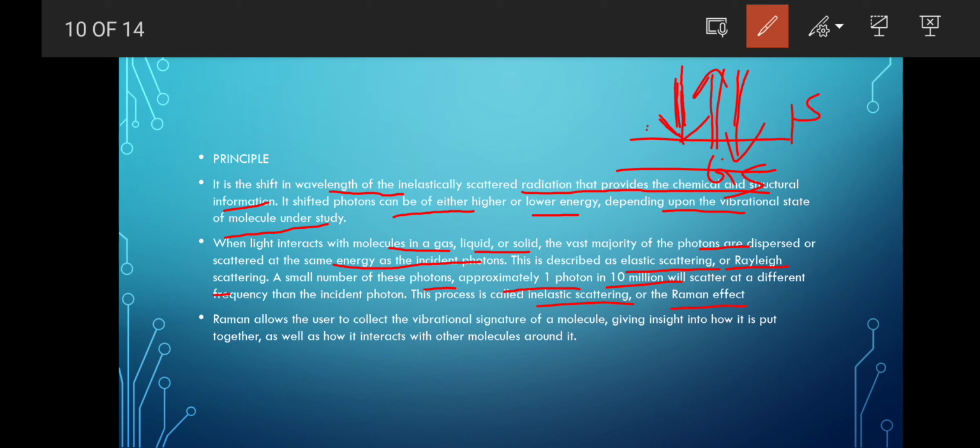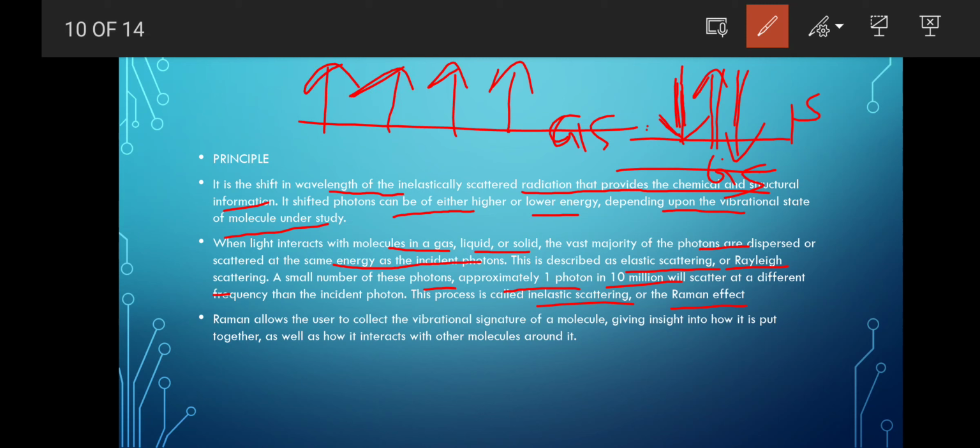Just see here, this is the ground state of any photon or electrons. All these photons will move to an excited state and then come back to the same energy level. But in 10 million, only one will come back to a different level from the original.